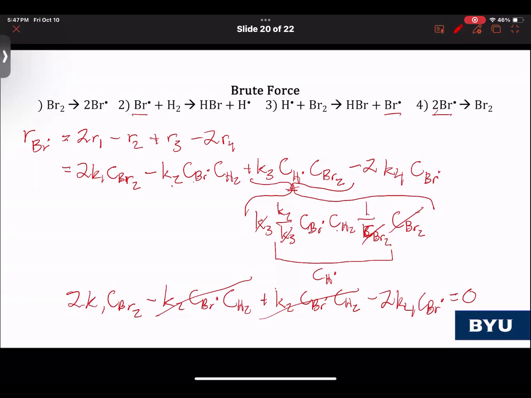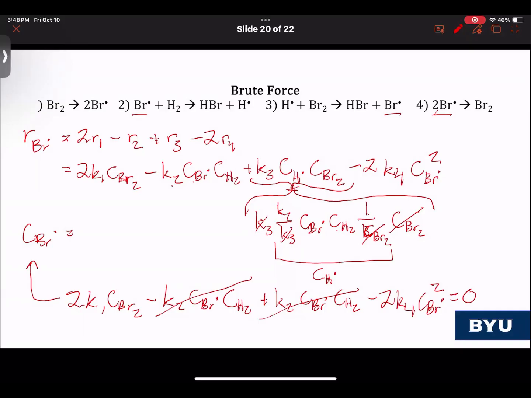And we can see how if we rearrange this, I'm going to write it up here. If I solve for this, I get C bromine radical is equal to, oh sorry, that's squared. That should be squared there too.